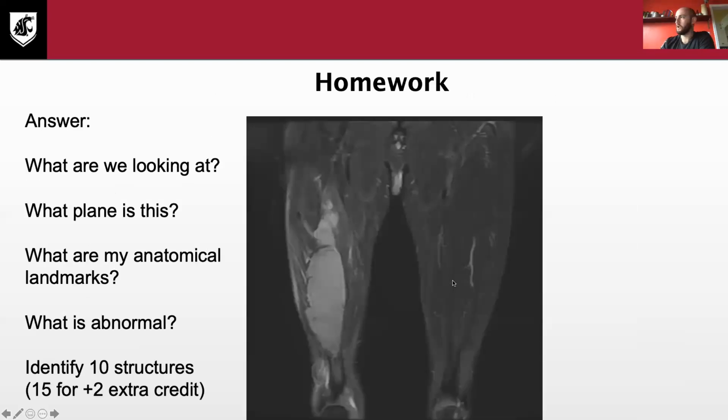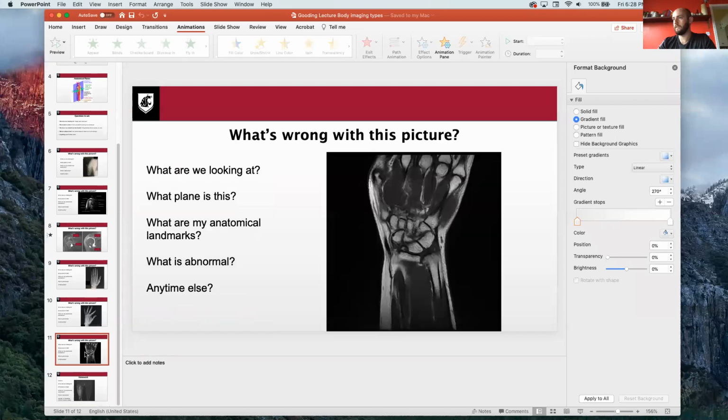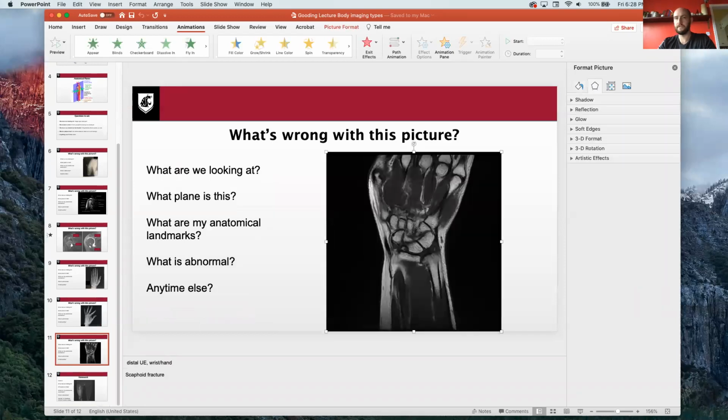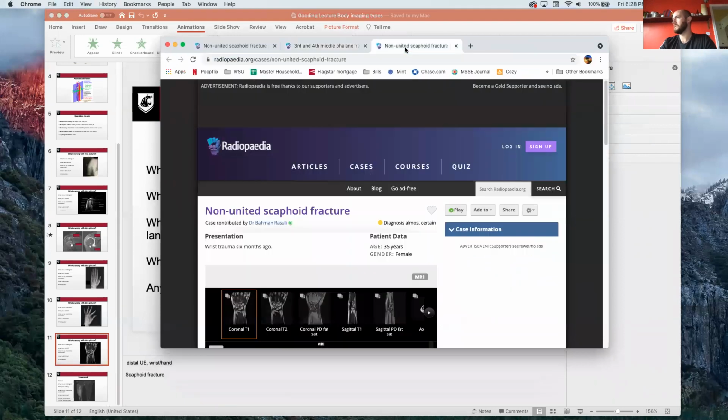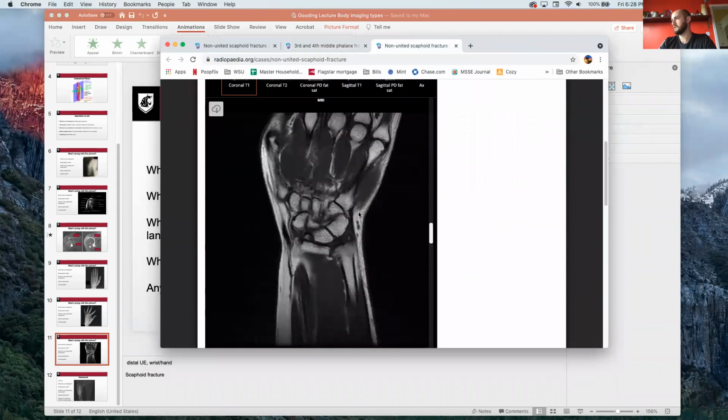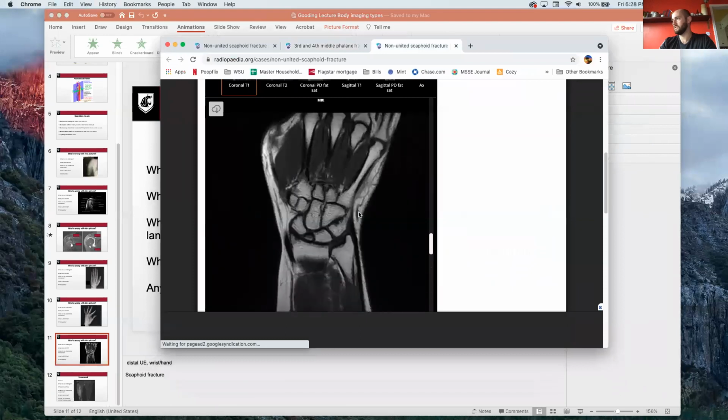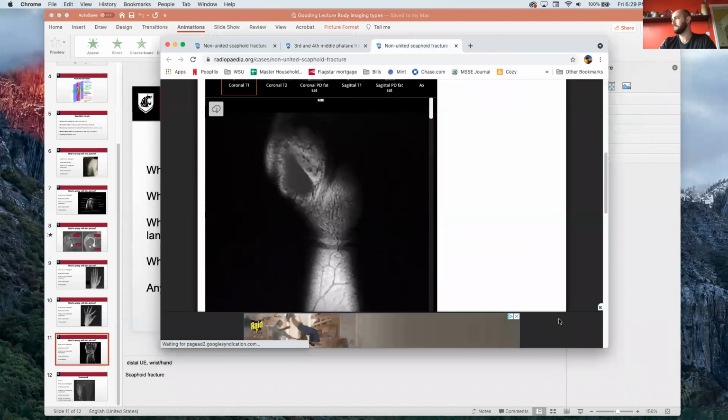So good, this is your homework today. I want to take you guys through this. Take me through this image and go ahead and answer all of these questions. And for extra credit, try to identify at least 10 to 15 structures. If you click on this link in the PowerPoint, or on these images, it'll take you to this website called Radiopaedia, and you can actually practice scrolling through these images just like if we had real MRIs.